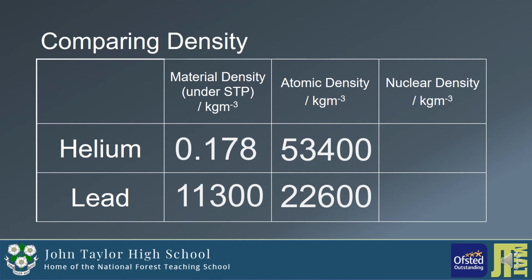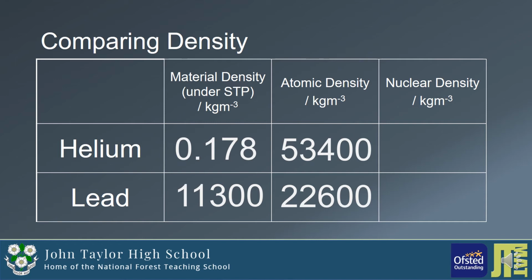Okay, but it may well be quite a big surprise to you to see that helium has an atomic density higher than lead. That might be quite counterintuitive, but what you've got to do here is think about the structure of the atom itself. Helium is a small atom with only 2 electrons, which under normal circumstances would occupy an inner energy level or an inner orbital.